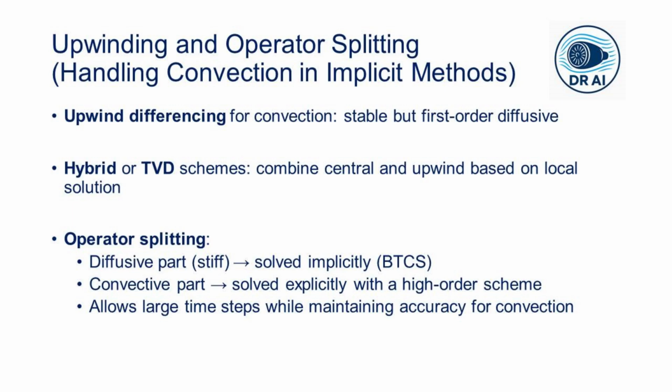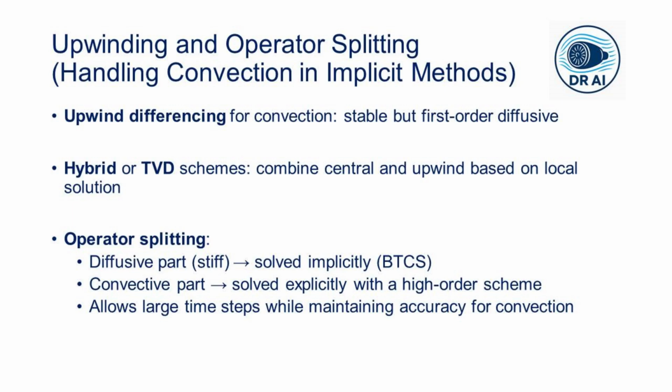A common approach is to use a hybrid scheme, switching between central and upwind depending upon the local grid Peclet number. Another approach is to use a higher order upwind scheme like QUICK or TVD, often abbreviated as total variation diminishing schemes, which maintain accuracy while avoiding oscillations.